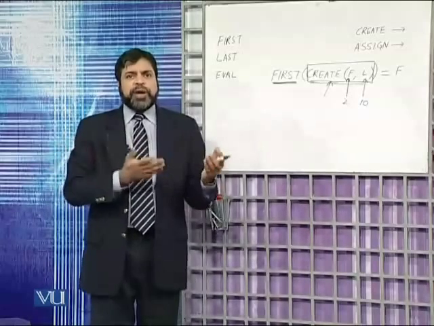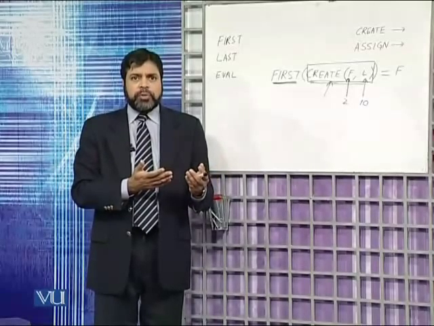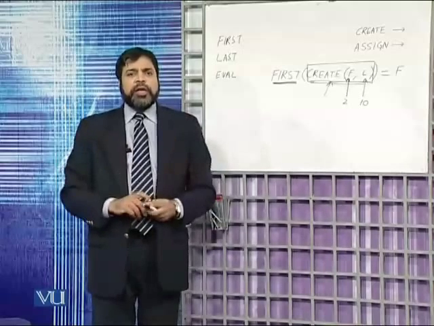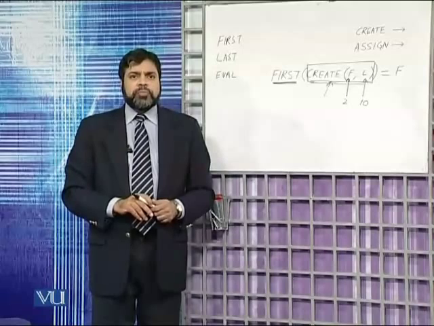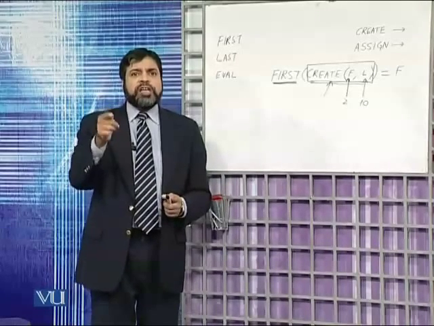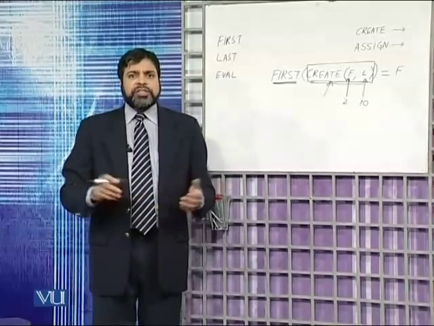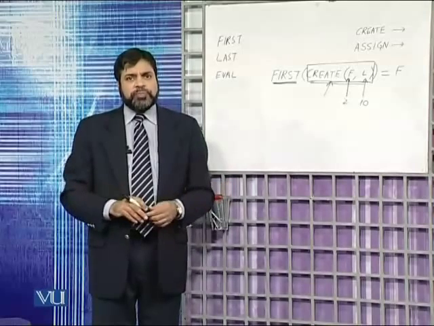So array is a parameter to the method first. And we apply this first function onto the array that has been passed as the parameter. We should get the value which has been passed to that method create, and that is what we get. So it's a very, very simple operation.